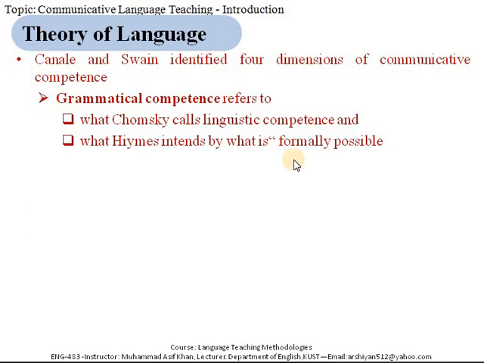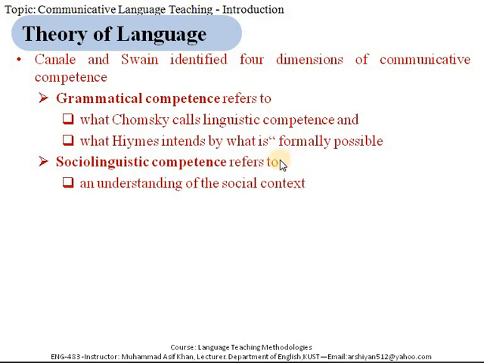Now let's move towards sociolinguistic competence, and this competence refers to understanding of the social context in which communication takes place. It includes the role relationship, it also includes the shared information of the participants, and the third thing it refers to is the communicative purpose of their interaction.